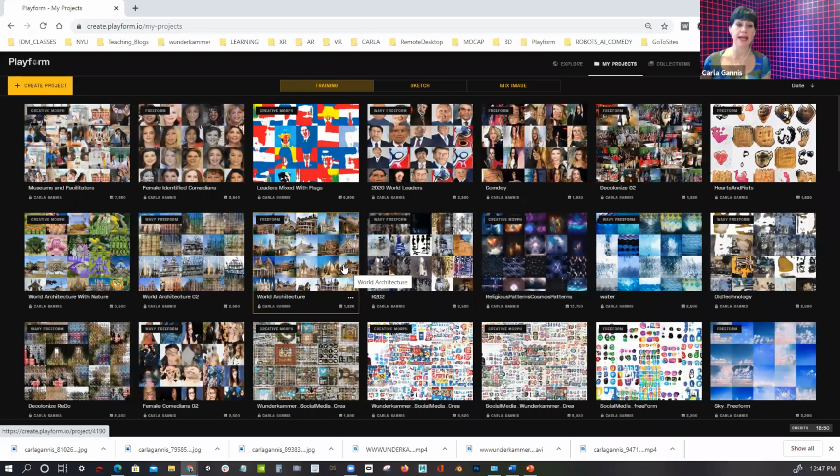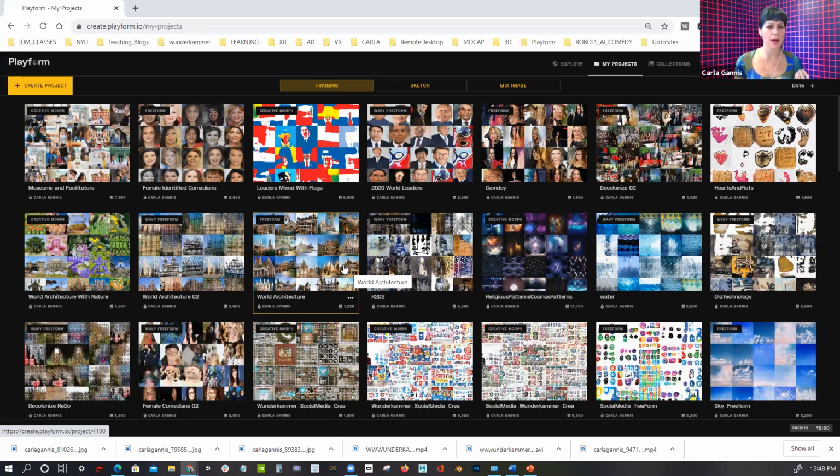So I iterate and iterate. So it becomes this process, again, that's kind of reflexive, where I'm generating something in Playform, I download the results, I start working with them in Photoshop, and I realize there needs to be more density or layers or more abstraction or more detail, right? And so then I'll go back to Playform and cook another set, so to speak, right?